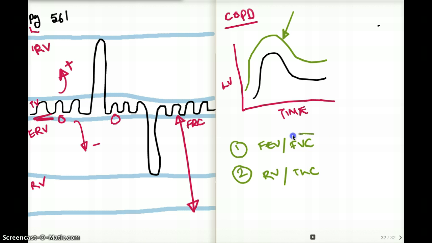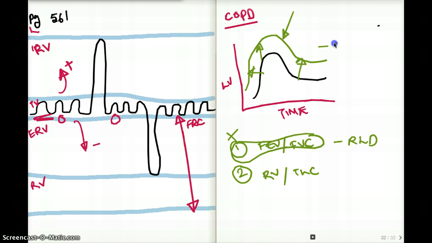Now FEV1 over FVC, that is all good and dandy, okay? That is in a restrictive lung disease, for example ARDS or pulmonary fibrosis. So that is really not the correct answer, and we can clearly see that the volume of the lung has gone up in general, okay?